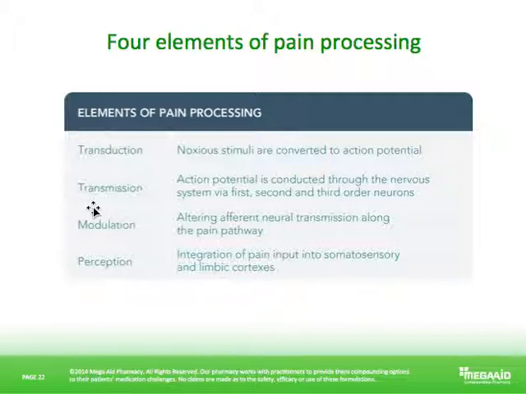Maybe you are going to inhibit it, maybe you're going to amplify the signal, and this usually happens in the spinal cord. And perception is when you integrate that pain signal into your somatosensory and limbic cortex, and this is when your brain is recognizing, hey, the sensation that I'm currently feeling is a sensation of pain.